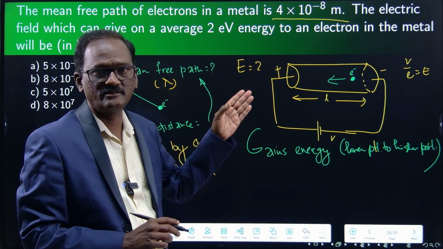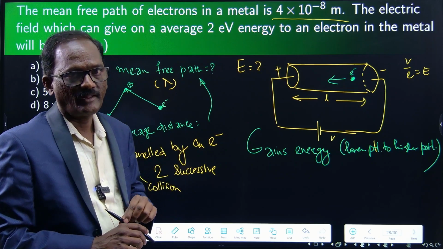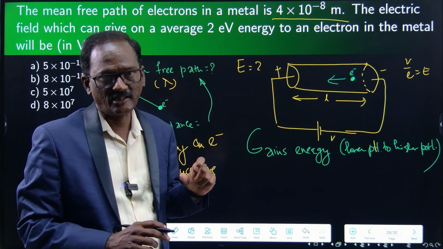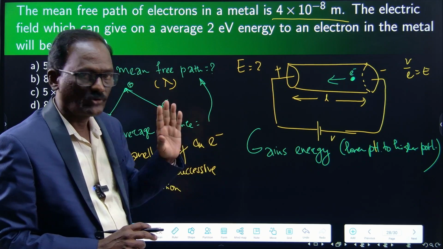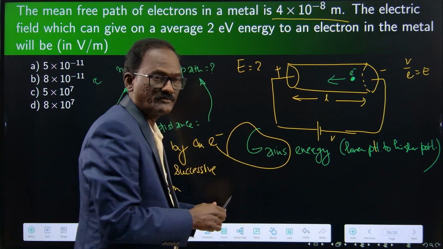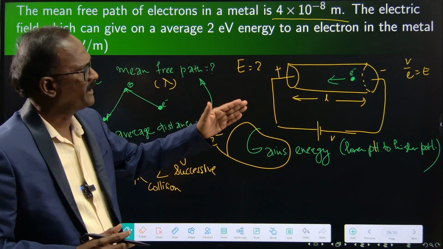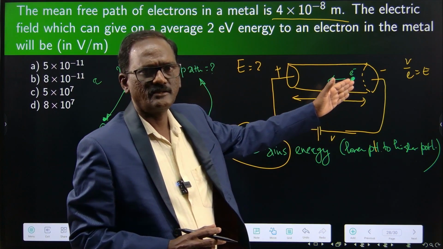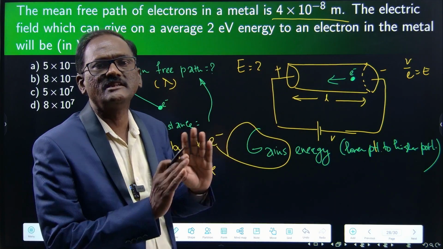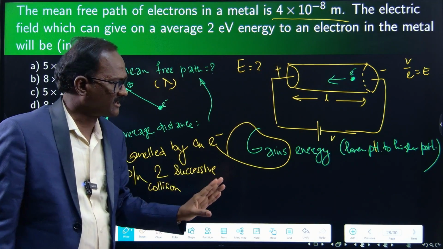If it is a positive charge, that definition is correct: if a field pulls a positive charge, it is negative. But here it is an electron, negative charge, so work is also positive, that is why it gains. Don't confuse, right? You can remember this point. Whenever a particle moves from lower potential to higher potential, it gains energy. So this is the concept.